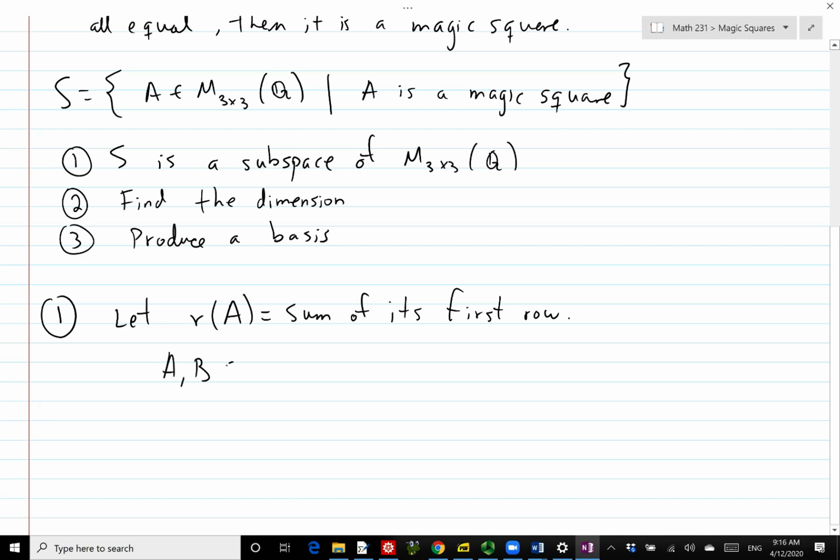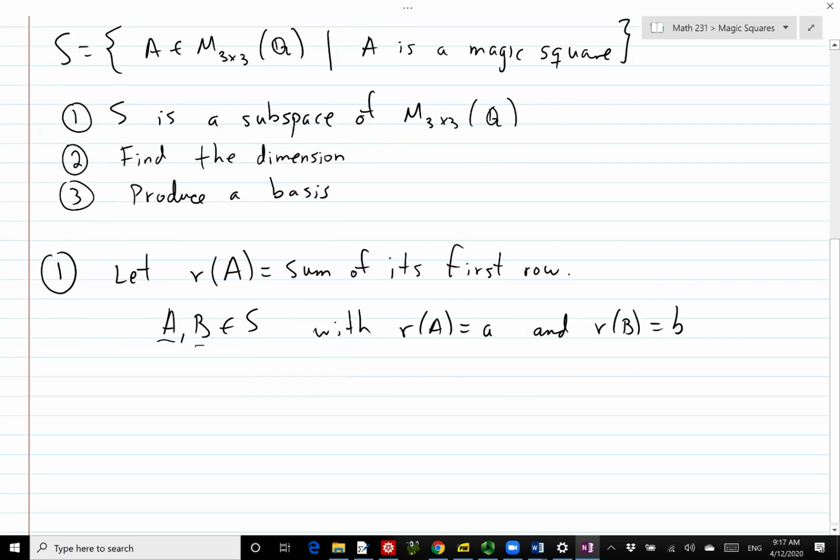So in some sense, if A and B are in S, with R of A equals little a and R of B equals little b, what I'm saying is that capital A is a magic square where every row, every column, every diagonal adds up to lowercase a, and B is a magic square where every row, every column, every diagonal adds up to lowercase b.